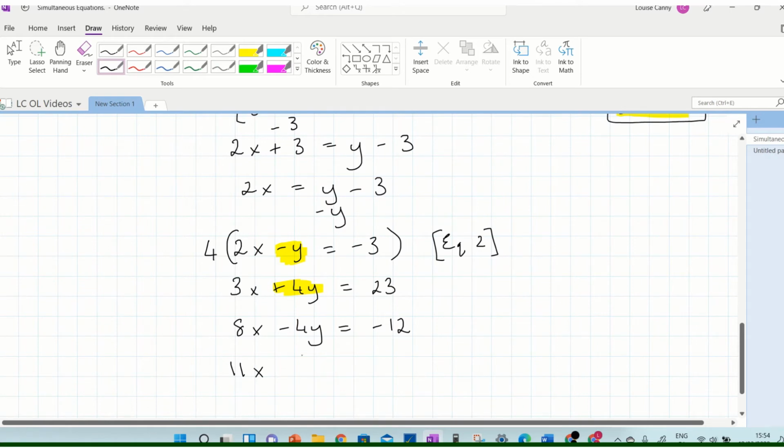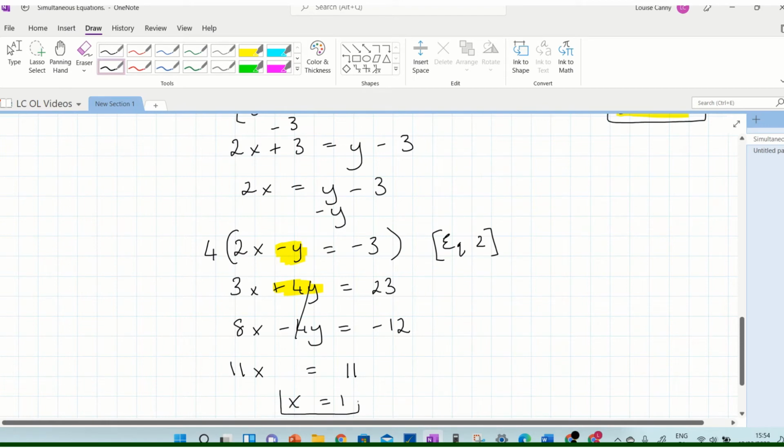Plus 4y minus 4y, they're going to cancel out. And 23 minus 12 is 11. So now I have 11x is equal to 11, therefore x is equal to 1. I divide both sides by 11, and I will see that.